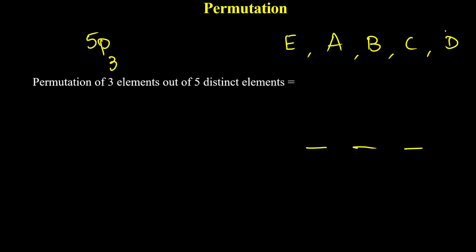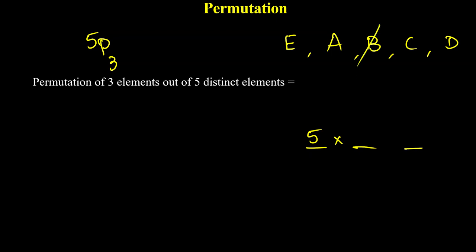Out of 5 people, I'm selecting 1 person and arranging that person here. 5 chances for that. It can be A, B, C, D or E. That's why 5.